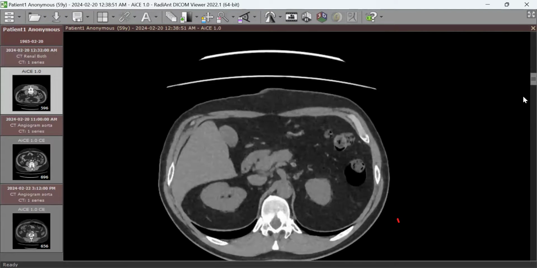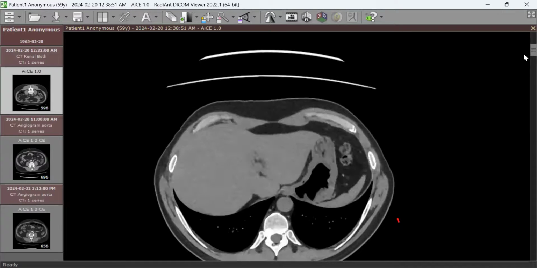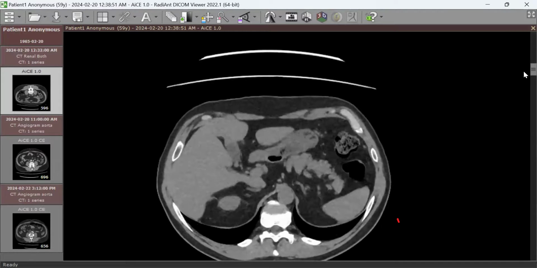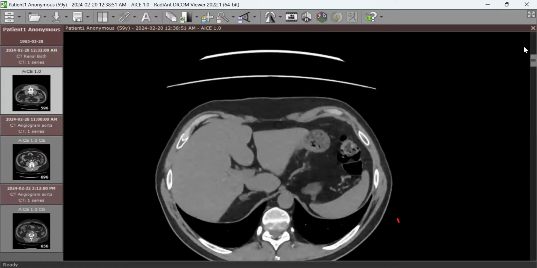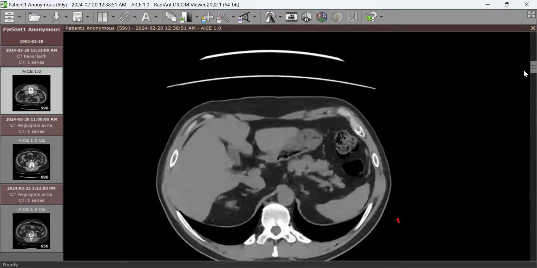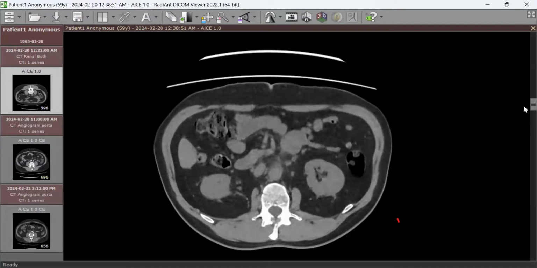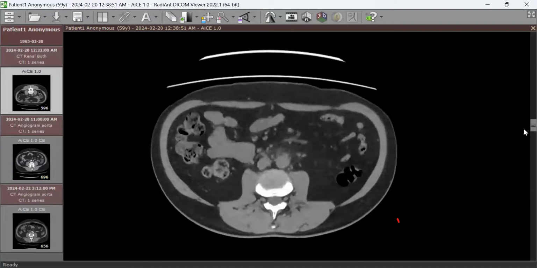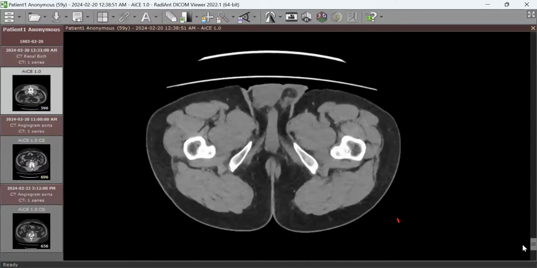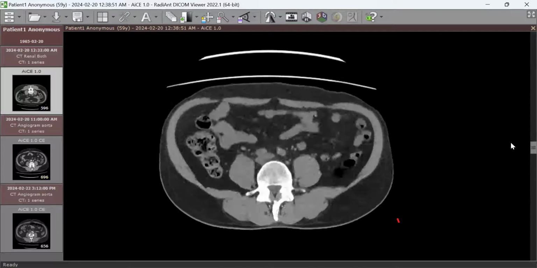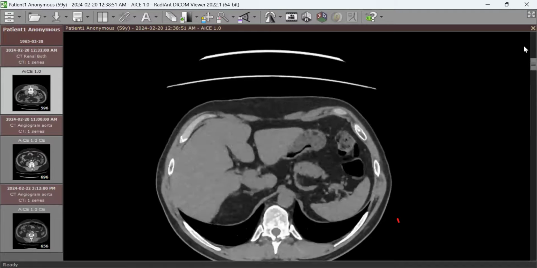Anyway, we looked at the kidneys, ureters, and bladder. There's no obstructing stone, no dilatation, and no abnormality related to the urinary system. So we need to look at other structures, right? We have a system to look at the solid organs.